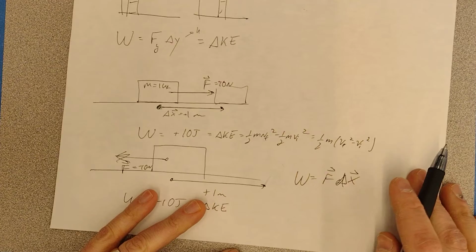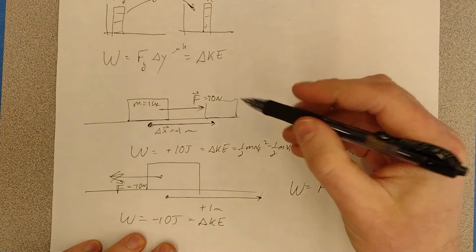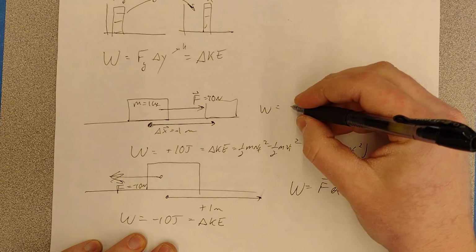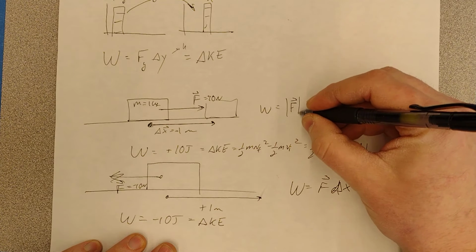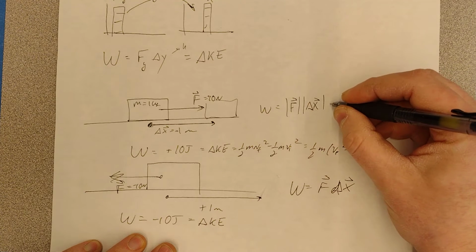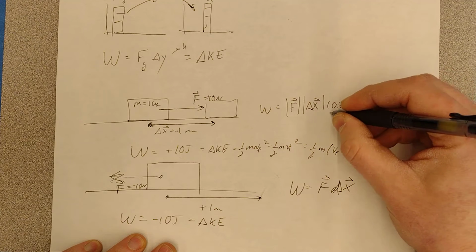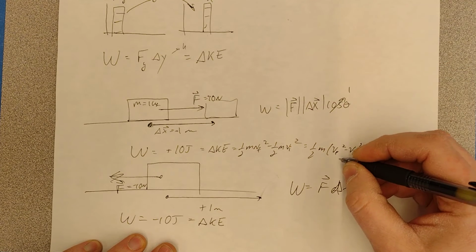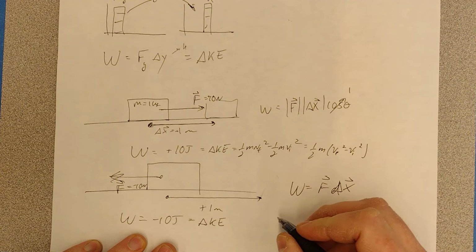If we use the dot product to figure it out, we would say work equals the magnitude of F times the magnitude of the displacement times cos of the angle between them. Well, the angle between them is 0, so the cos is 1. So it literally is just force times distance.